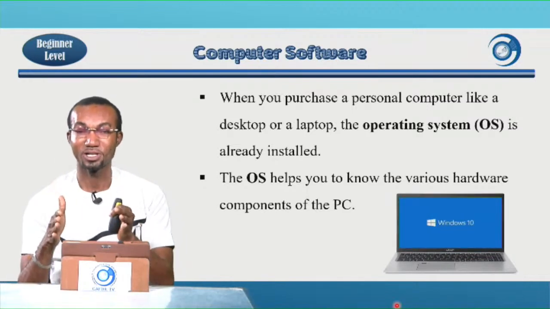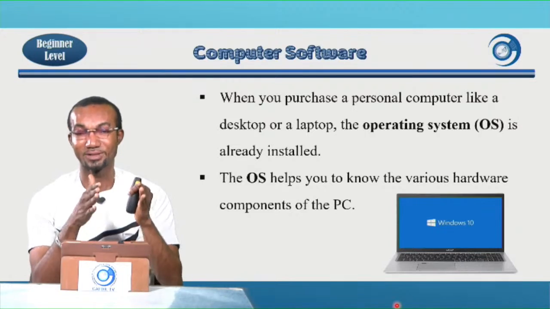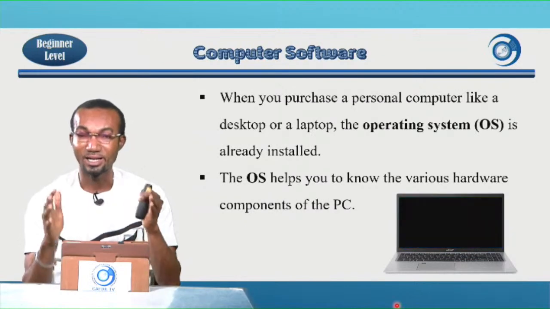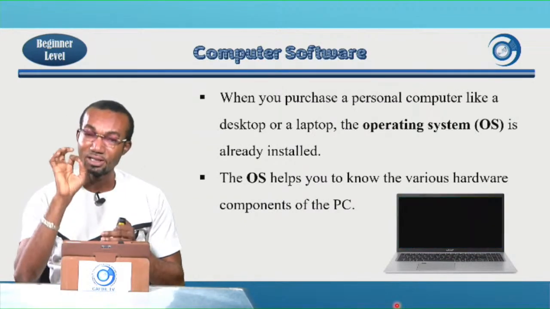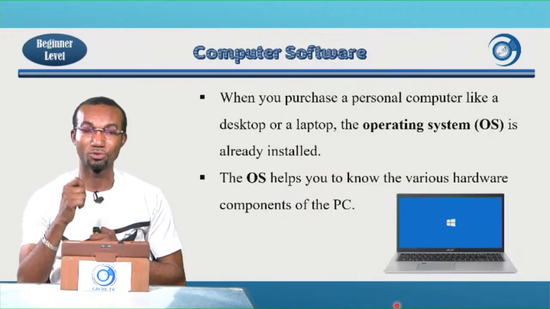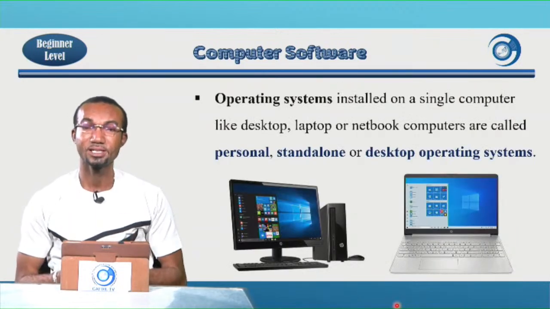But the software on the machine will help me to know the capacity of my hard drive and my RAM, the speed and the type of my processor, and any other thing I want to know. Whether the screen is touch or not, all these things will be made available to you through the operating system.